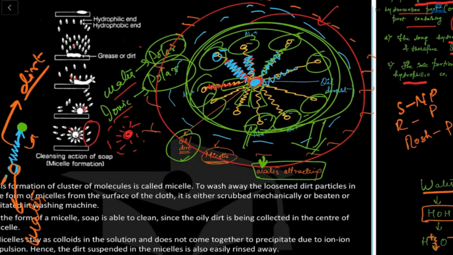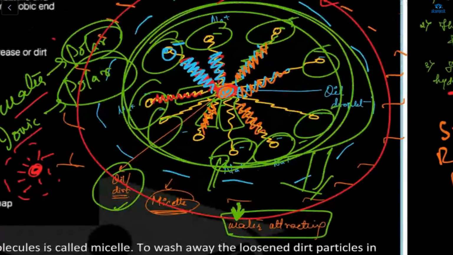Here you can see that all the tail part is getting attracted towards your dirt, not the head part. Why? Because the head is getting attracted towards the water, because the head is hydrophilic.